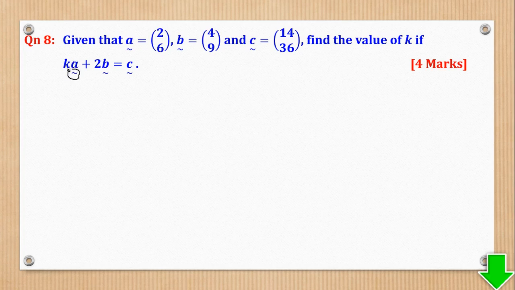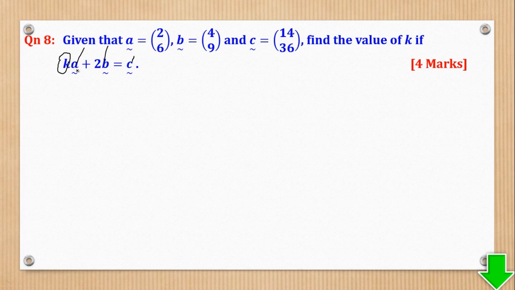They call it a tilde, or you can say a vector symbol. B has a tilde, C has a tilde, but k does not have. What does that mean? It means that k is not a vector. A, B, C are vectors, but k is not a vector.